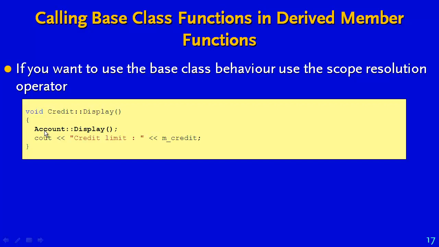There is only one base class, so we just call the function here. And of course, in the display function of my credit class, I would like to just print my credit limit. So when I create a credit object and I call display, this is the function which will be called, and not the function of the base class.